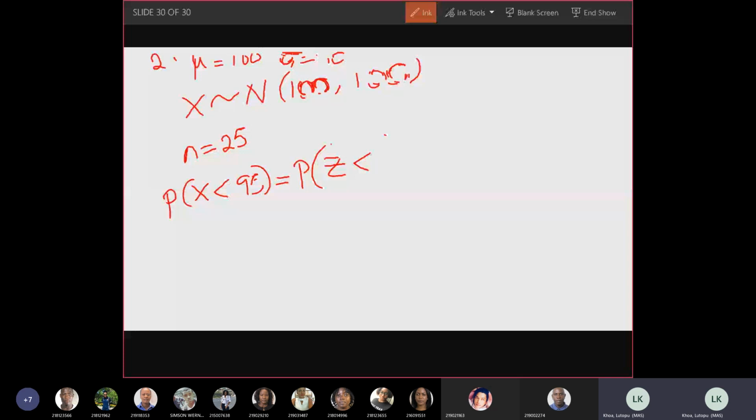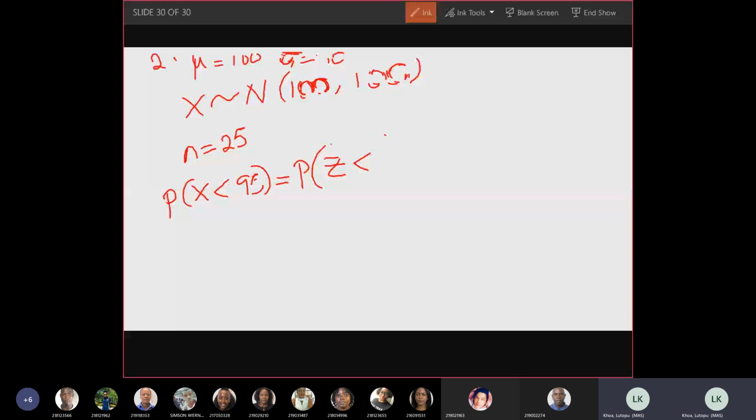So this is the probability that Z is less than (95 minus 100) divided by (10 divided by the square root of 25). Here you get negative 2.5. Don't be worried if you get a negative number. It is possible to get negative numbers.